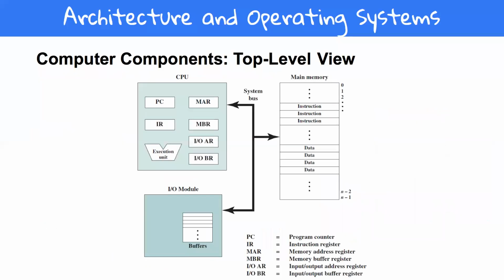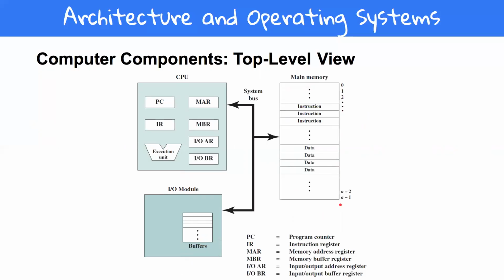Top level view of that, we've got the CPU with all the registers that we have, and also we've got the execution unit or ALU that we discussed. We've got input-output modules. We've got buffers here. We've got ports, for example, different ports for printer, for monitor, for whatever. We've got main memory, which is addressable, as you see, from 0 till the last one.